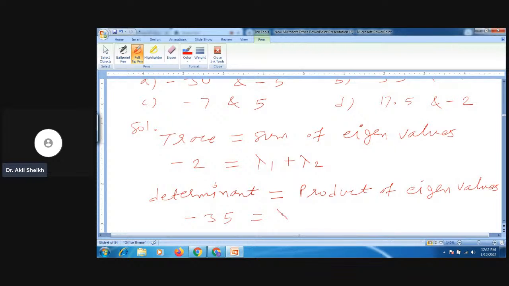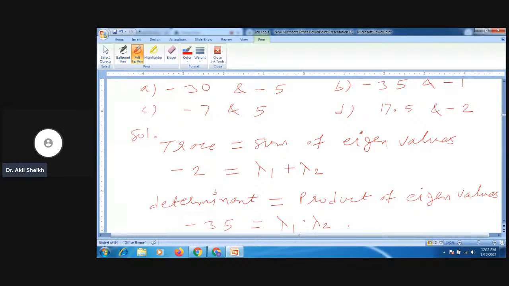We take lambda 1 into lambda 2. Now just check the options. Which option satisfies this condition? The sum of the two eigenvalues is minus 2, and the product of these two eigenvalues is minus 35.